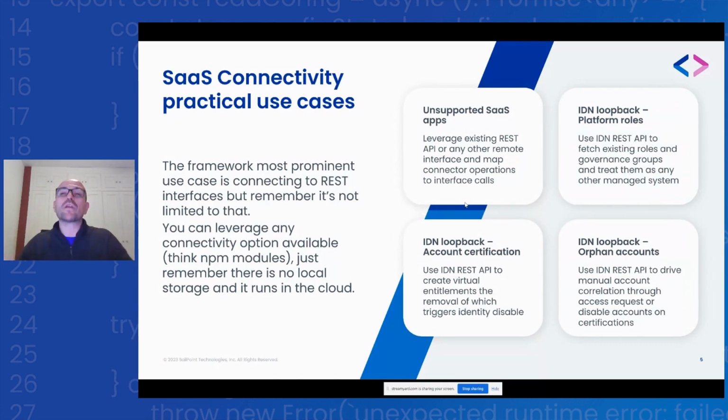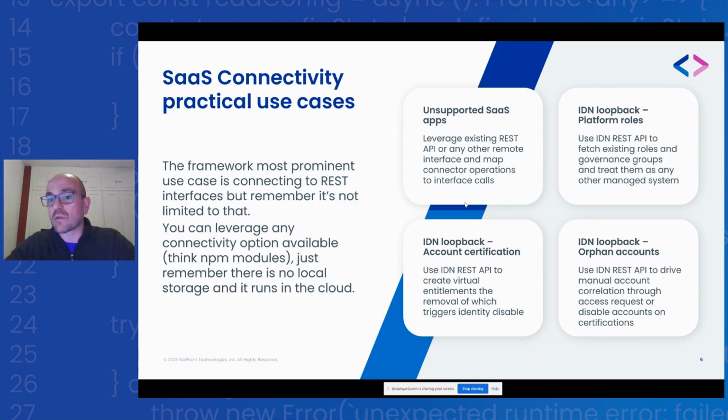So when we use those in a certification, when we remove that entitlement, we are disabling the identity on IdentityNow. So it's another kind of creative way of using the API, in combination with the SaaS connectivity framework.